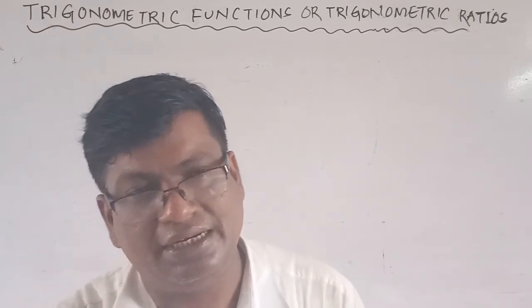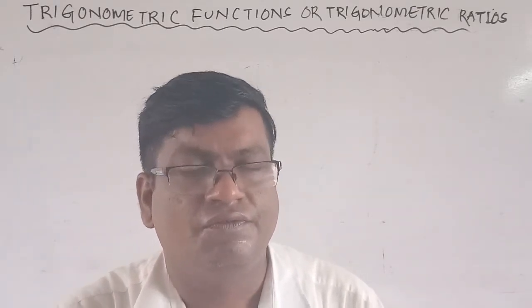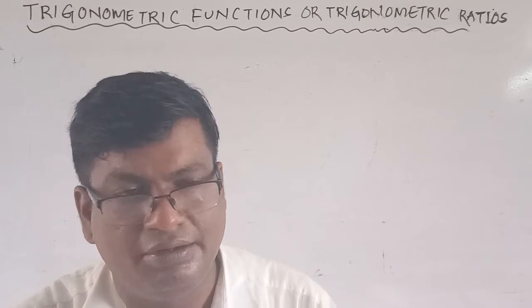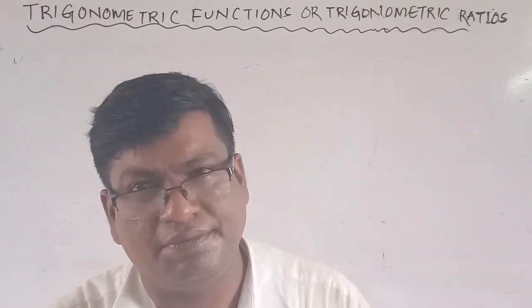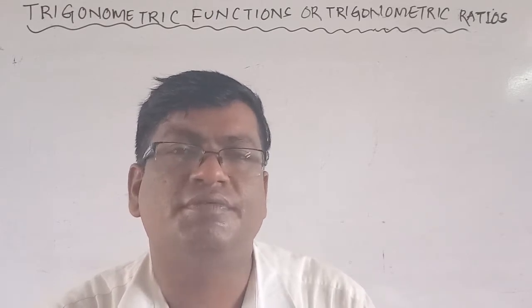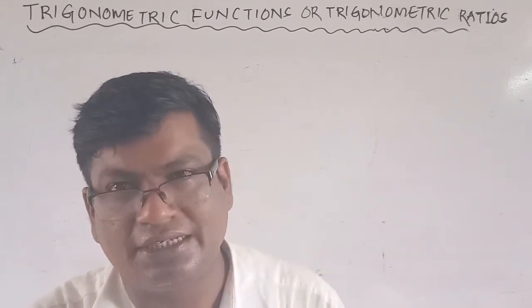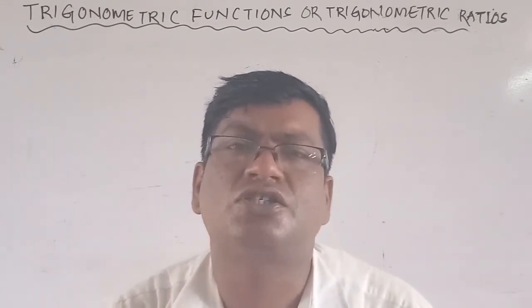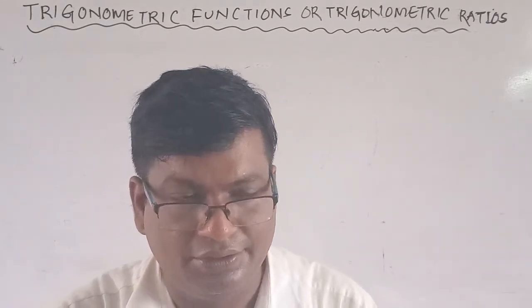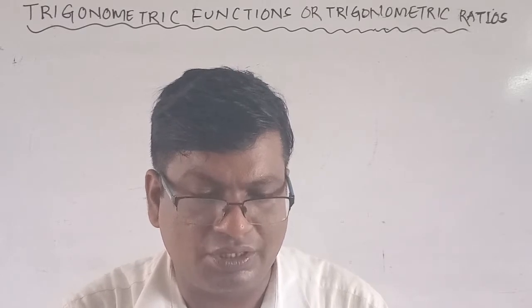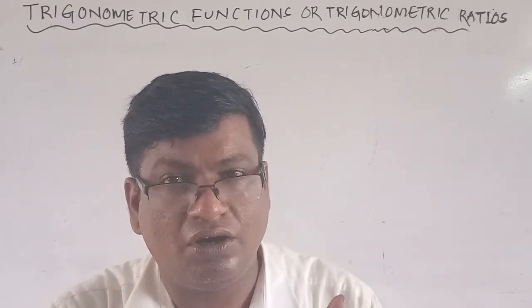Equation means it satisfies for particular values of the variable. In case of identities, it is satisfied by all the values of the variables. For example, sin square theta plus cos square theta is equal to 1 for all theta.